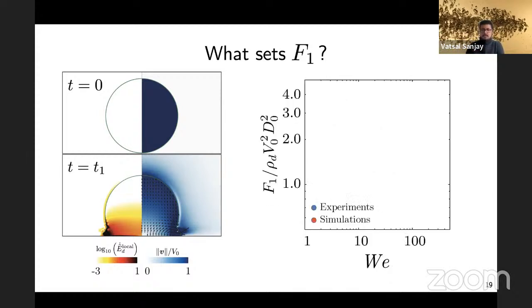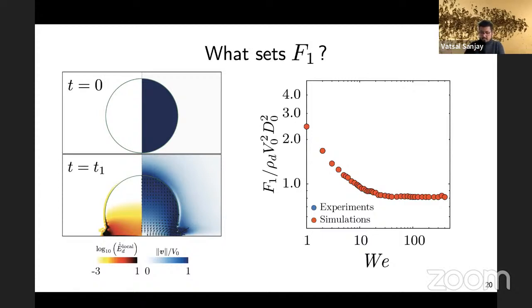But what we can do now is plot this F1 compensated with the scale that we found in the previous slide, and plot it as a function of Weber number. And now what you see is these are the simulation results, that we do end up at a plateau over here in the limit of high Weber numbers. And we are also quite happy because the experimental results also lie exactly on this curve that you see.